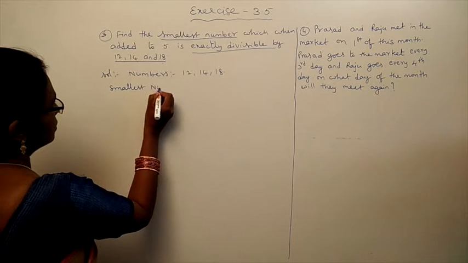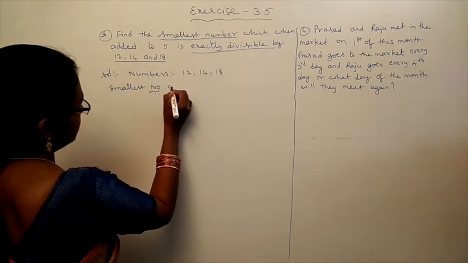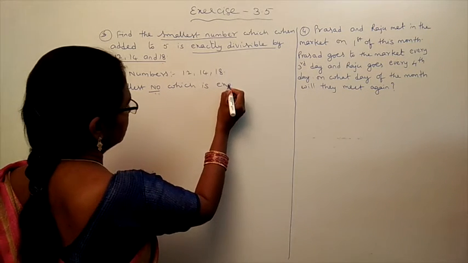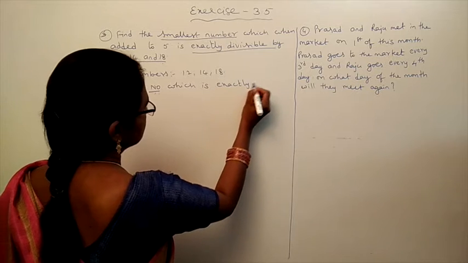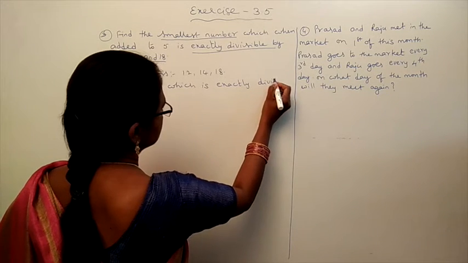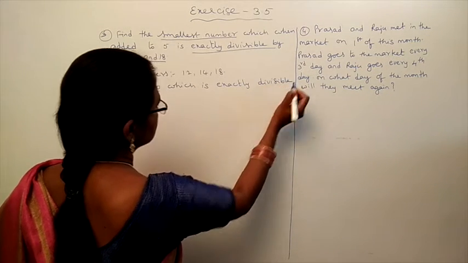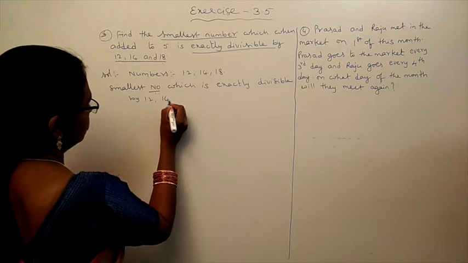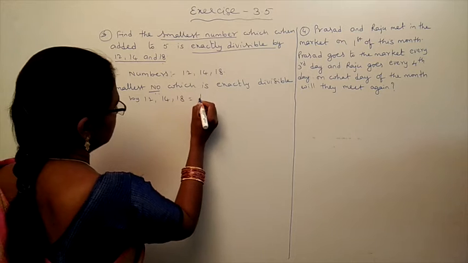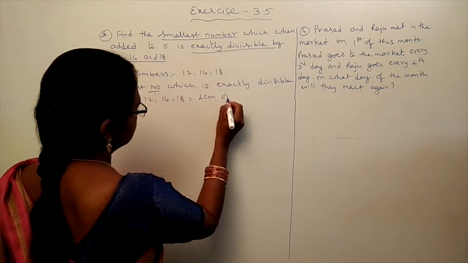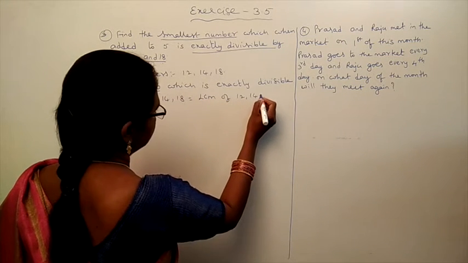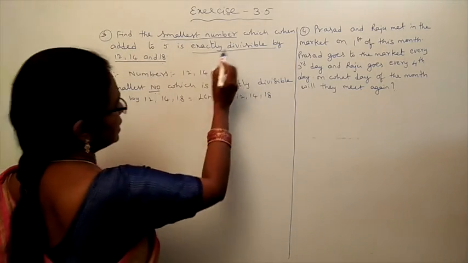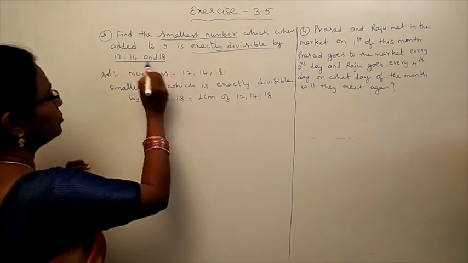The smallest number which is exactly divisible by 12, 14, 18 is equal to the LCM of 12, 14, 18.